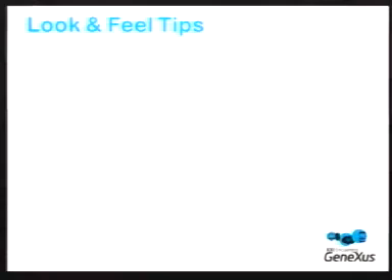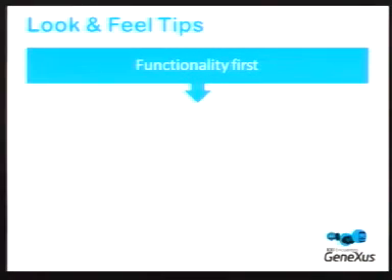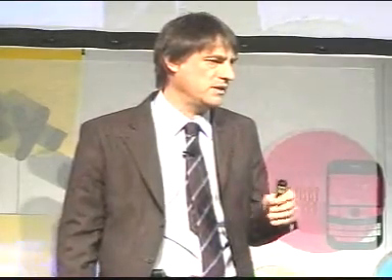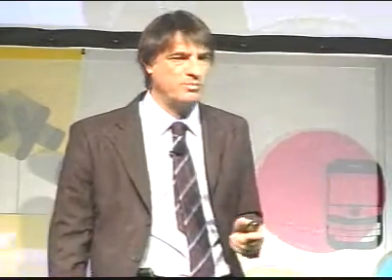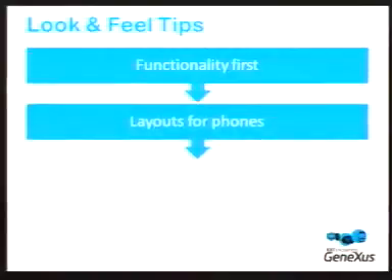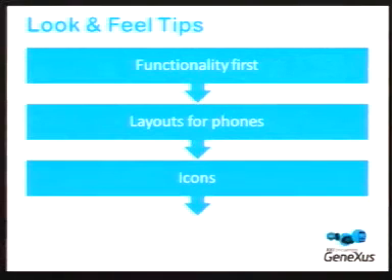The tips to close, the look and feel. First, start with functionality. What I did was to define what I wanted to include, body mass, variation, etc. So I'll start with that. Then start with layouts for phones, because it's easier, so you better start trying things on the phones. Then the icons.